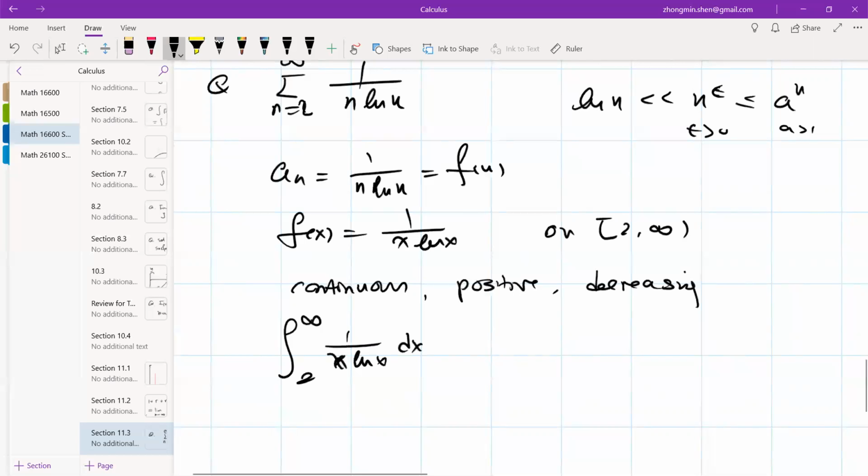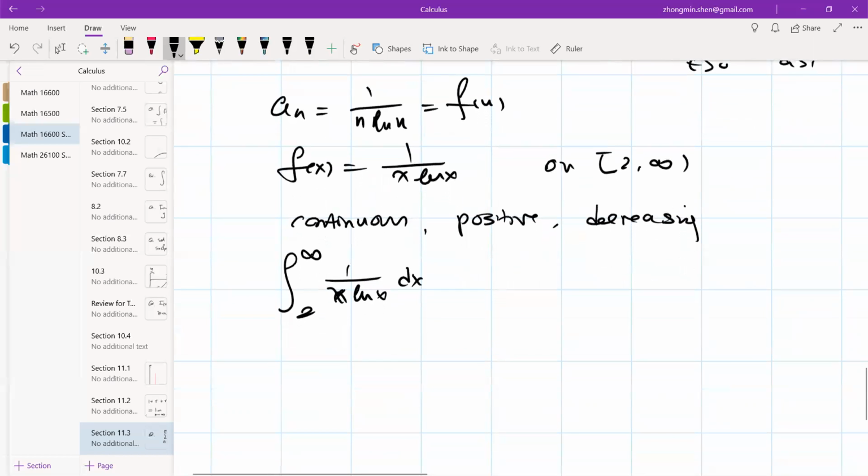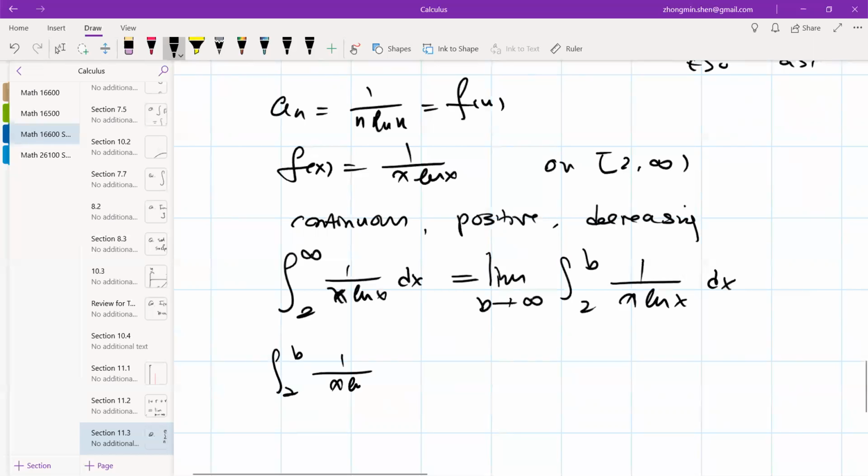Okay. It is a substitution. So what is that? Right? That is going to be the limit as b approaches infinity. Okay, so the antiderivative of this, it's not easy to find out, but you have to use substitution.